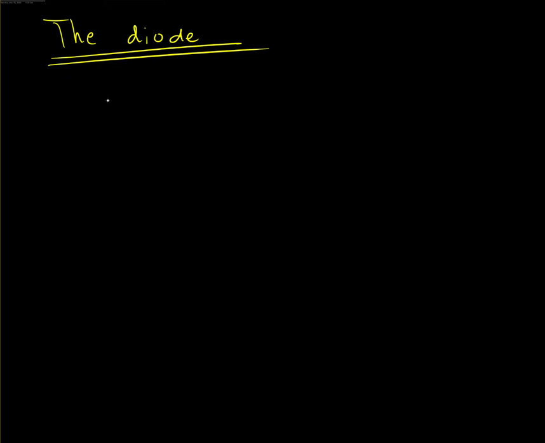So I'm going to draw the schematic symbol for a diode, and the thing to note is that the diode is a directional device. It's got an anode and a cathode, and how it behaves in the circuit depends on which way you connect it in the circuit.